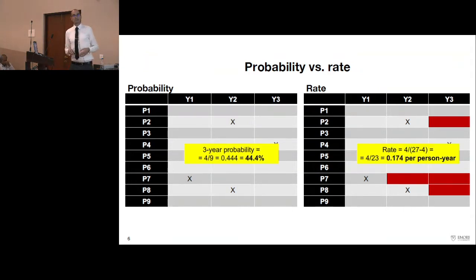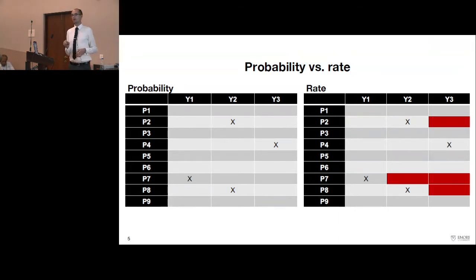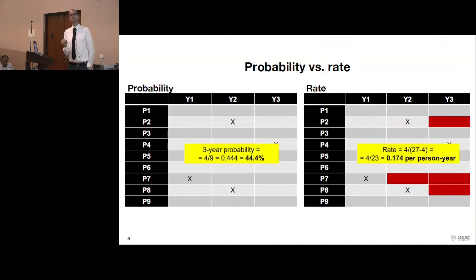So, long story short, to get the rate, we have 4 occurrences in here. And 9 times 3 is 27, minus 4 periods that we excluded. So to get the rate, we would divide 4 by 23, and this would be the rate of this disease.